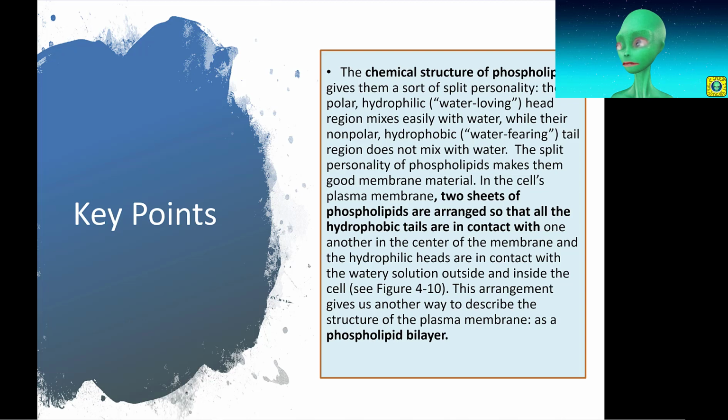Chemical structure of phospholipids, as we've already talked about, as a key point, we have the hydrophilic and hydrophobic regions. Hydrophilic loves water, phobic hates the water, fears the water, and they're arranged tails facing each other in a phospholipid bilayer.